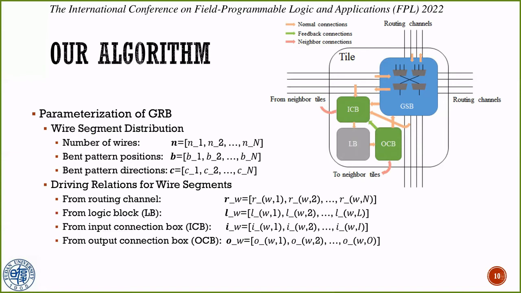And also, we need to specify the positions and directions of the band patterns. The second type of parameters is the driving relationships. The GRB can connect routing channels, logic blocks, ICB and OCB, so we need to specify their relationships.